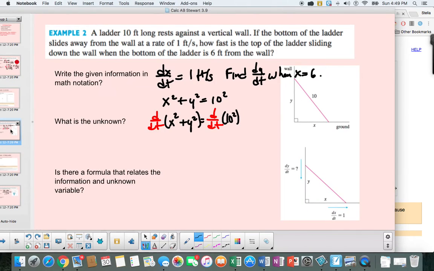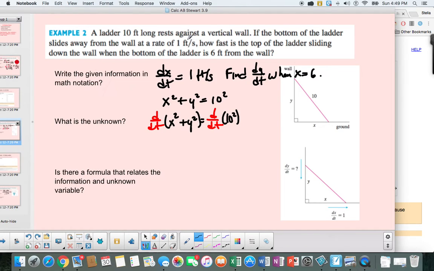Okay, let's look at another problem, very typical, the ladder problem. We have a ladder that's leaning against the wall. We've done this in geometry, but it was a static problem. Nothing was moving. In calculus, we're going to have this ladder sliding. This point is moving, it's sliding out, and the top of the ladder is sliding down. We want to write the given information in terms of calculus.